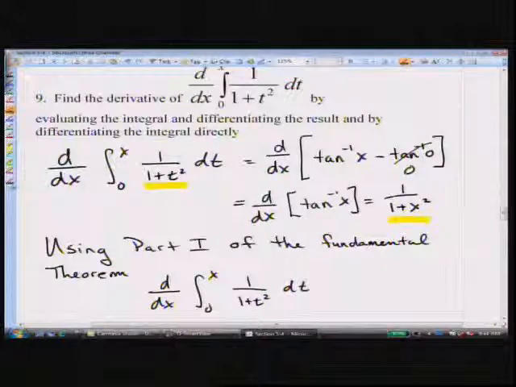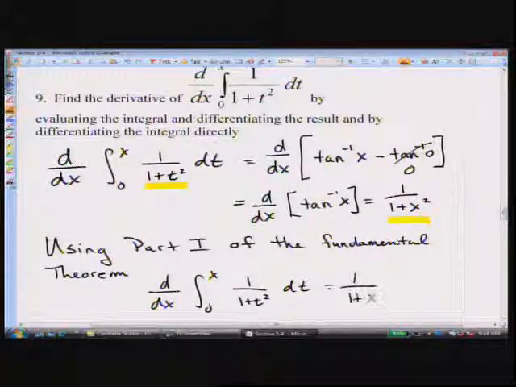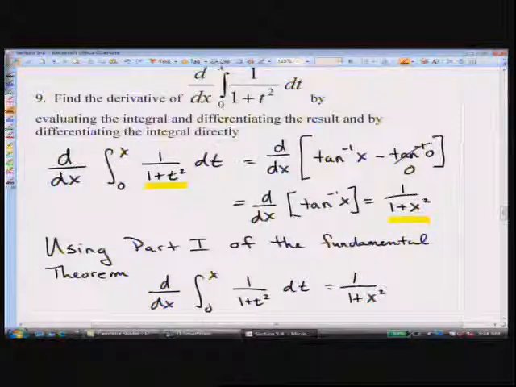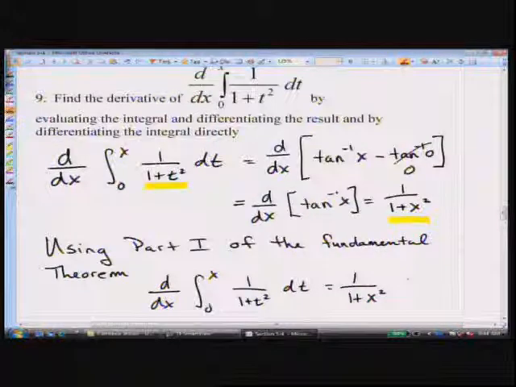And so it's like they kind of cancel out, but you do have to shove the x in there. Does that make sense? Because this is with respect to t, so it's going to be 1 over 1 plus x squared. And so if this right here was not just x, if it was like 5x or 12x squared or something like that, then you would have to differentiate that. You'd have to use a chain rule and multiply by that. So we'll do another one, and it'll show you.